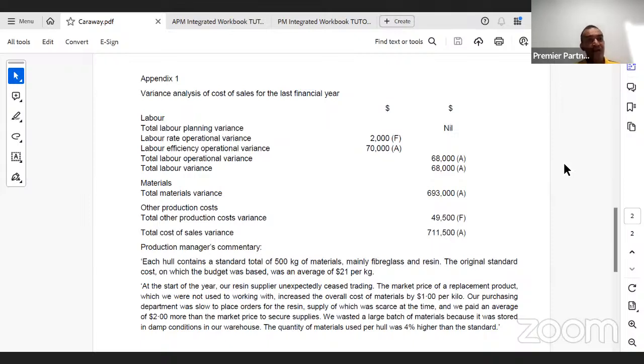Now, what is mix and yield variance? There are some products for which you need to use more than one type of material. For example, let's say you're making a 1 liter can of paint. So you put material ABC. Standard will say use it in these proportions, these ratios. But actually you might change the ratio. You might put more of A because it's cheaper, less of B because it's very expensive.